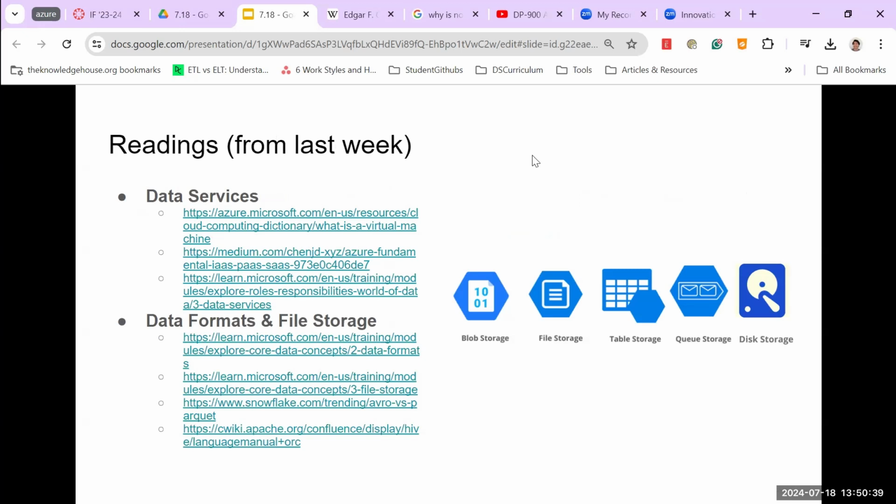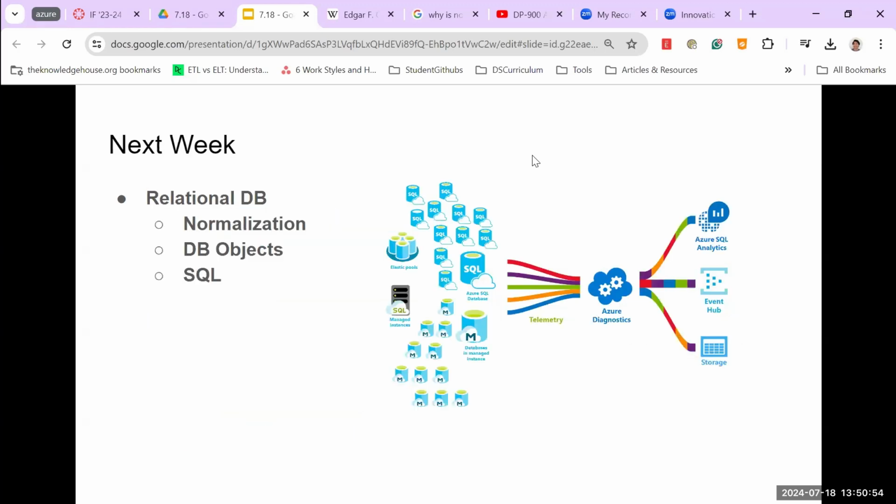Hopefully, by the time you watch this video, you're familiar with all these terms, such as blob storage, different types of data services in Azure, and what is infrastructure as a service versus platform as a service versus software as a service. Next week, everyone, we are going to talk about more relational databases. We scratched the surface of what a relational database is, along with OLTP databases, and we're really going to dive a little deeper into normalization, different database objects, and also likely go over some SQL syntax.